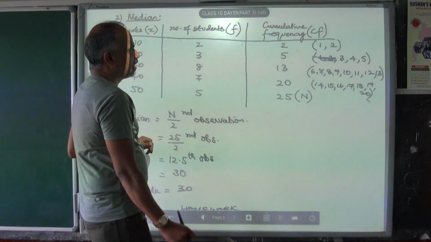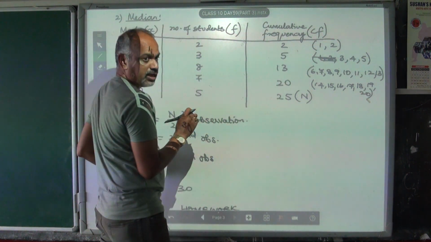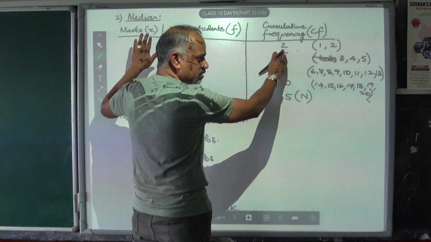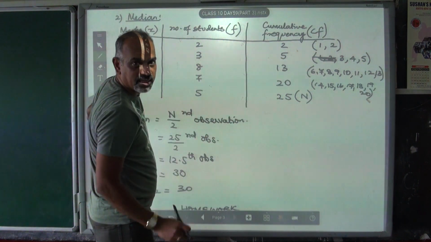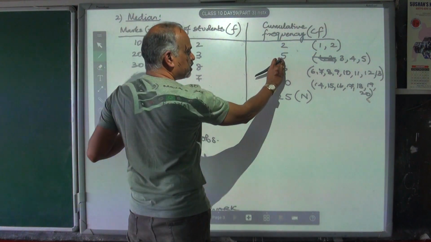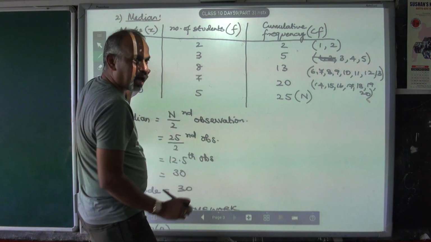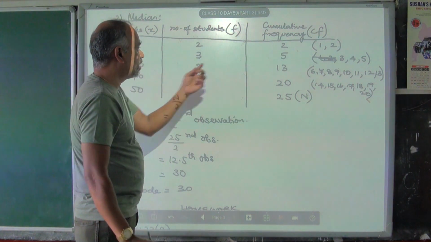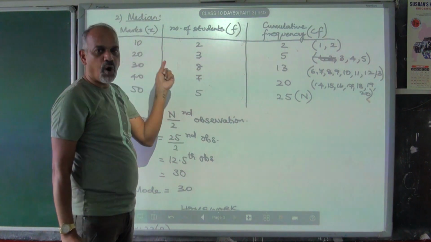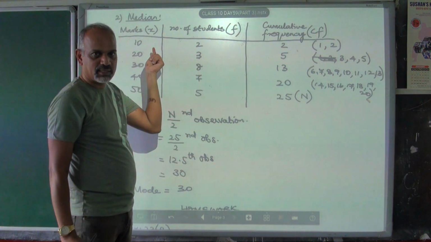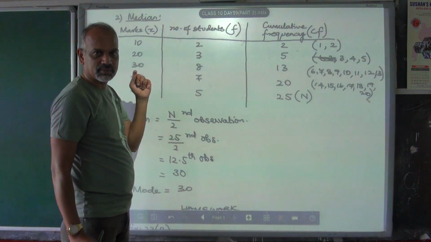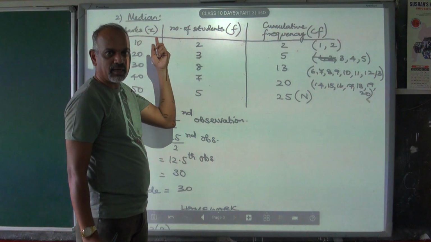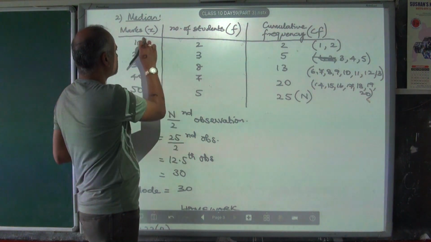Now, what else does this mean? There are 2 students who got 10 marks or less. 5 students got 20 marks or less than 20 marks, which also includes 10 marks, so it says both together.